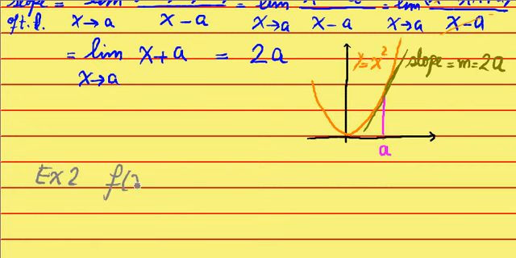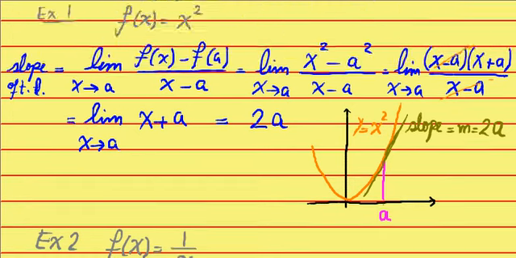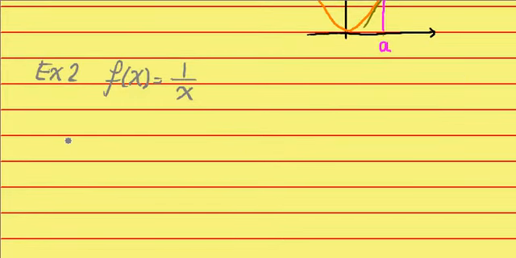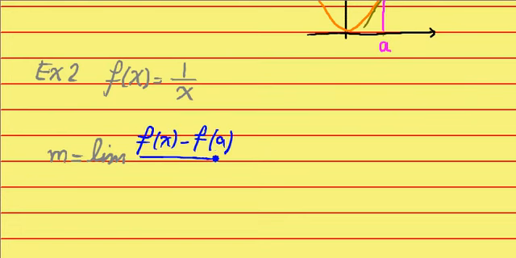You have f of x equal to 1 over x. Yes, it was 1 over x, excuse me. Slope, again, m is equal to the limit of f of x minus f of a over x minus a when x approaches a.